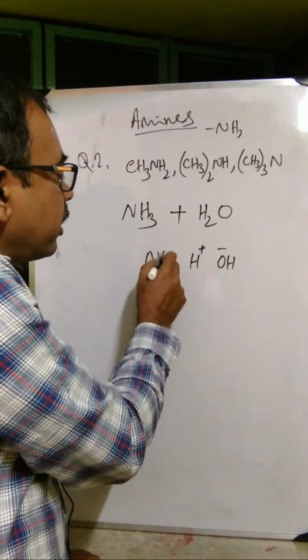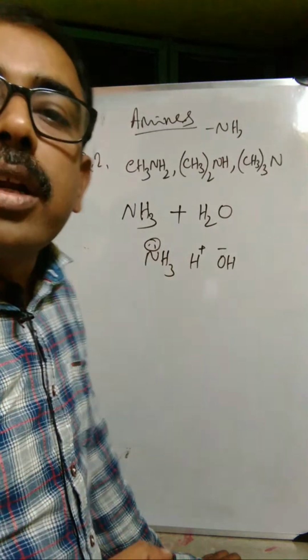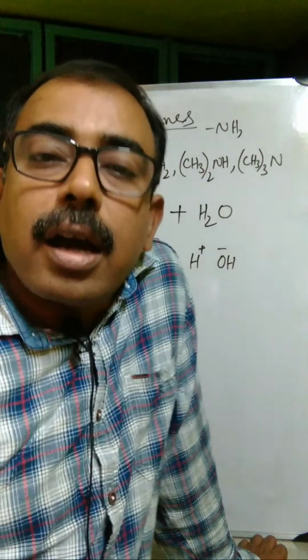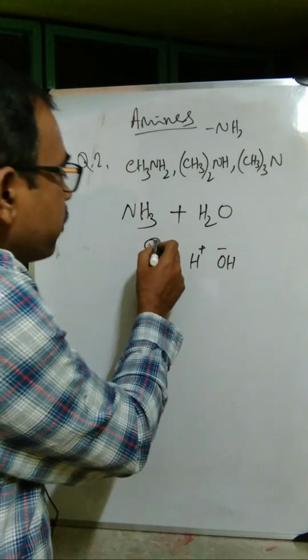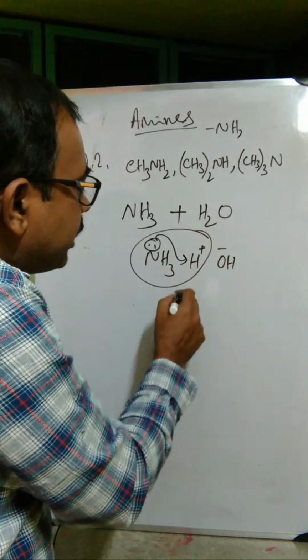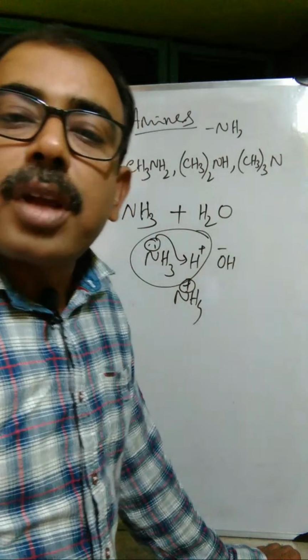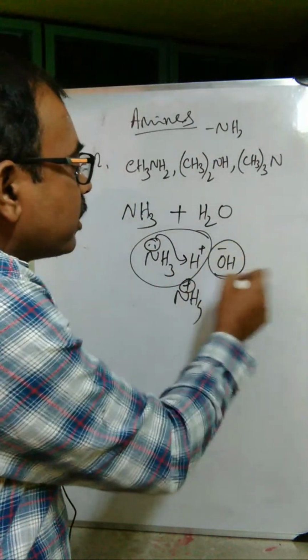Now in ammonia, NH3, nitrogen has a lone pair of electrons, so it can donate its lone pair to this H plus ion. The hydrogen ion has a vacant 1s orbital, so a coordinate bond can be made between NH3 and H plus to form the NH4 plus ion. So ammonia actually abstracts the H plus ion from water molecules, and the OH minus ion remains free.